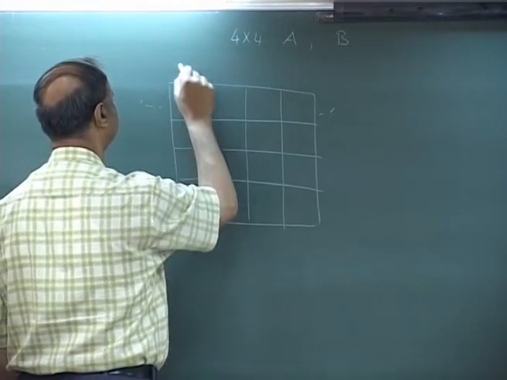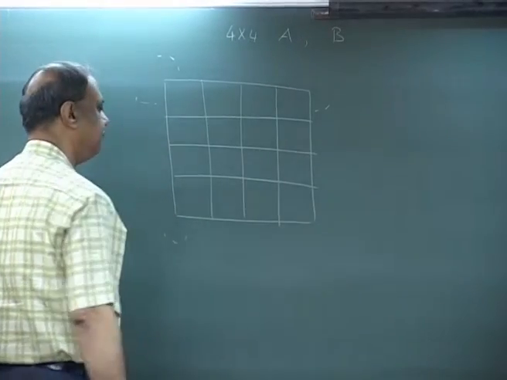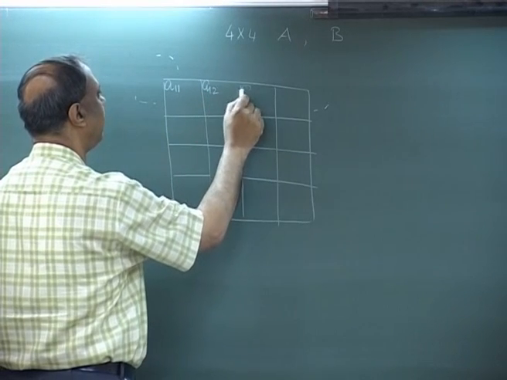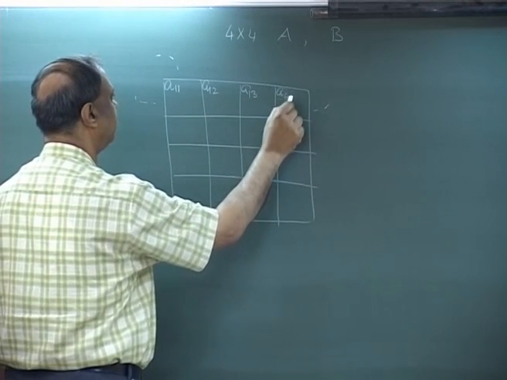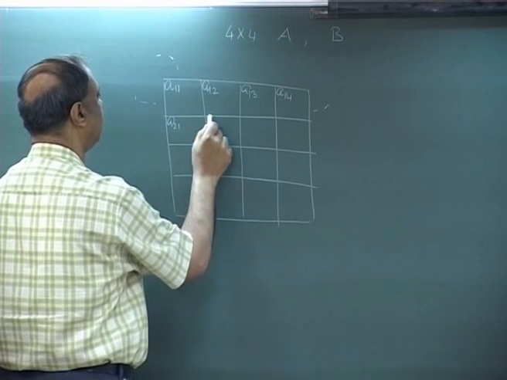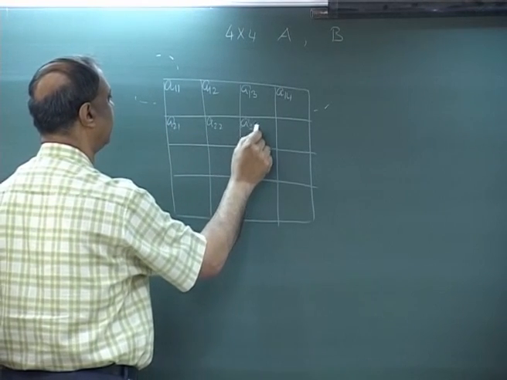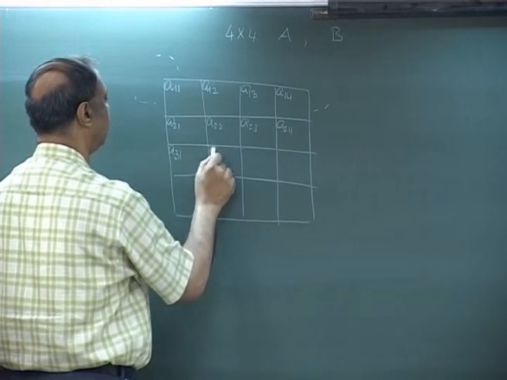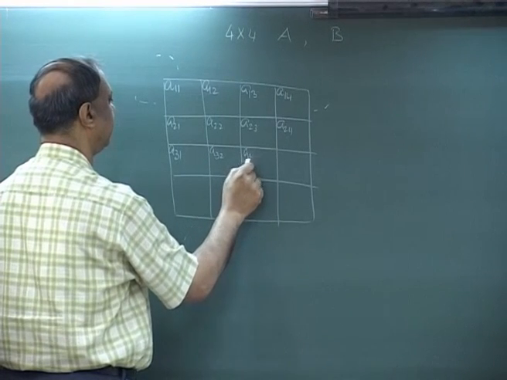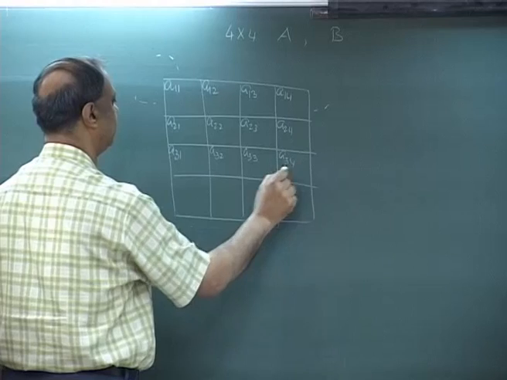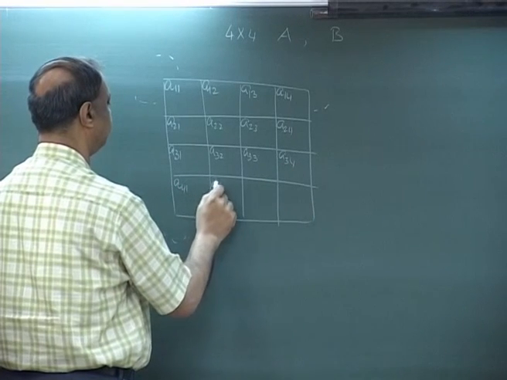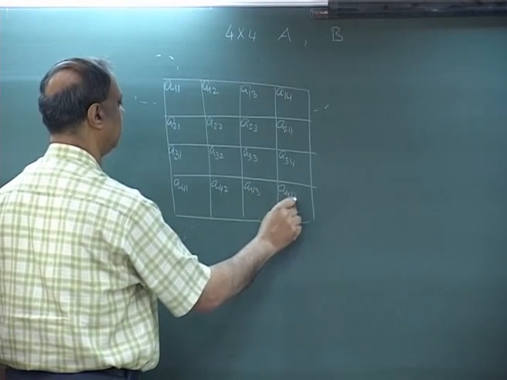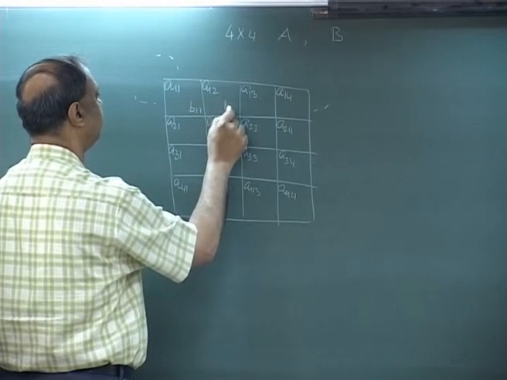You have A11, A12, A13, A14, A21, A22, A23, A24, A31, A32, A33, A34, and similarly B11.